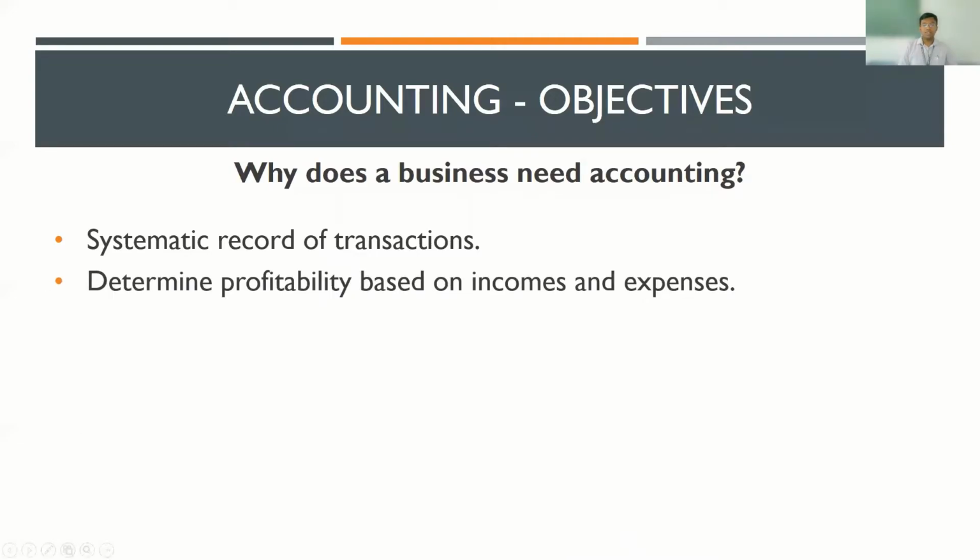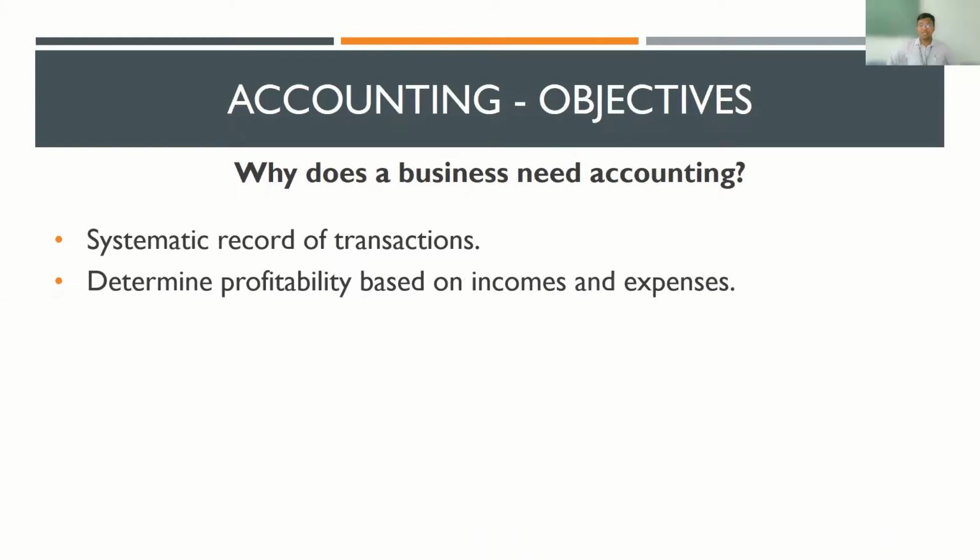Moving on, the second reason why we need accounts is to determine the profitability. Earlier, we spoke about incomes and expenses. We saw that income refers to revenue and expenses refer to the outflow of money. The difference between these two helps us understand the profitability of a firm: is the business making money or running on loss?